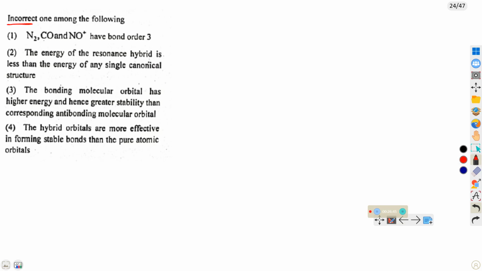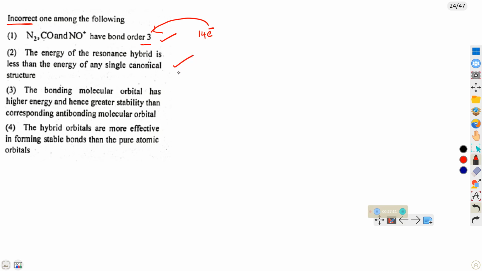Incorrect one among the following. N2, CO, NO+ have bond order value equal to 3. Calculate the total number of electrons. All contain 14 electrons, so bond order value 3. First statement correct. The energy of resonance hybrid is less than the energy of any single canonical structure.